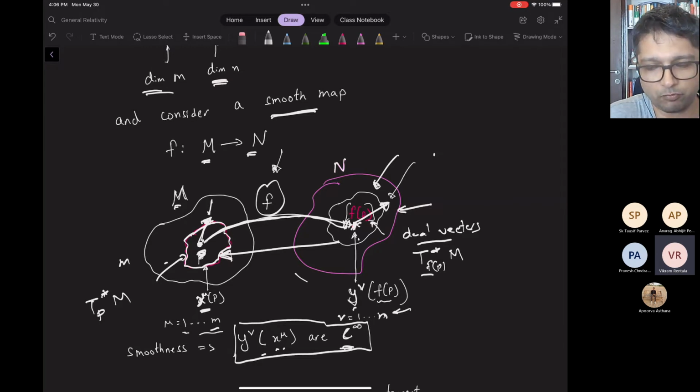So you can push forward tangent vectors through this transformation f. That mapping was called f with the lower star.